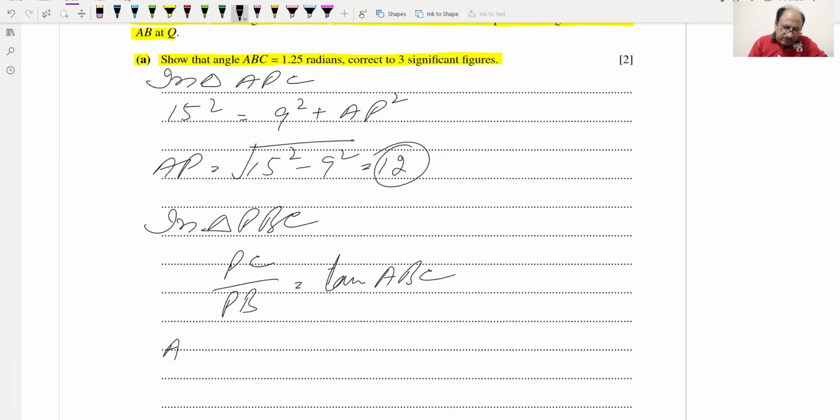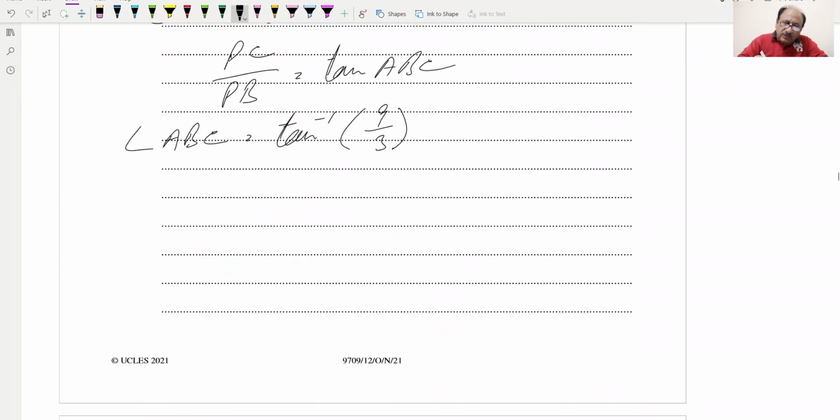So angle ABC will be equal to tan inverse of PC over PB, and that is 9 over 3, and with cancellation it will be 3, which is tan inverse of 3.